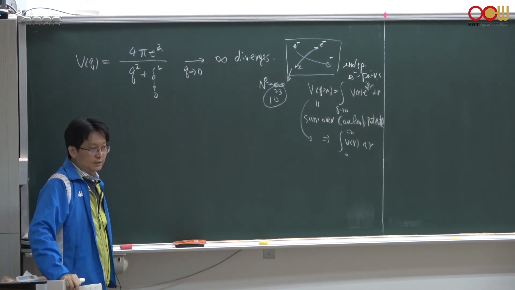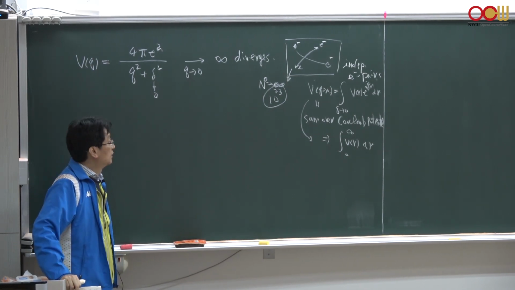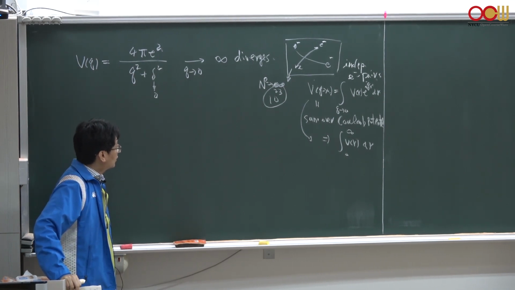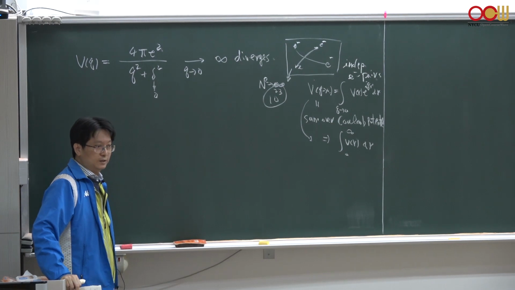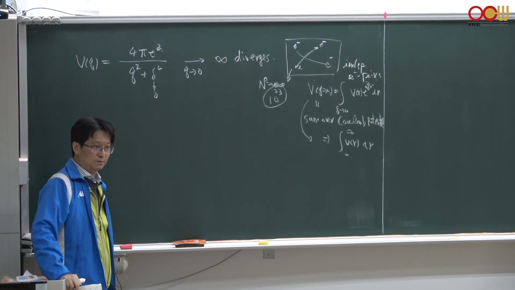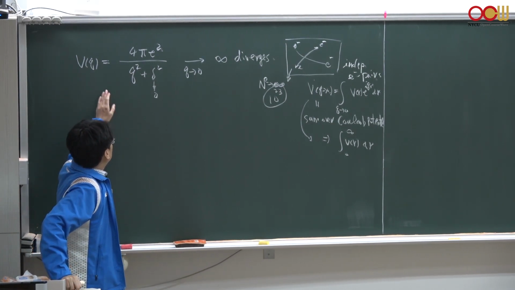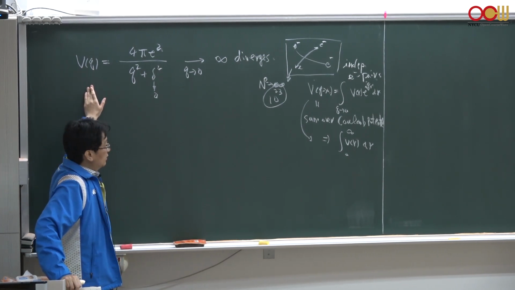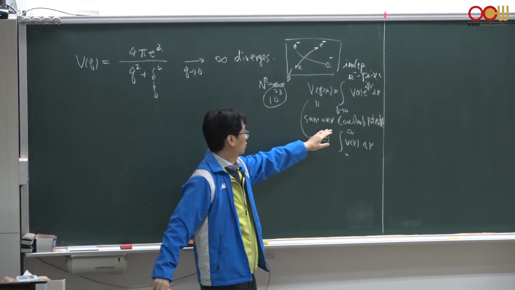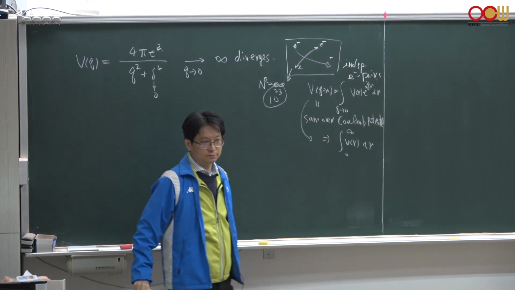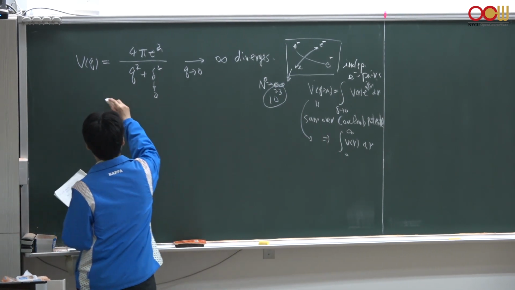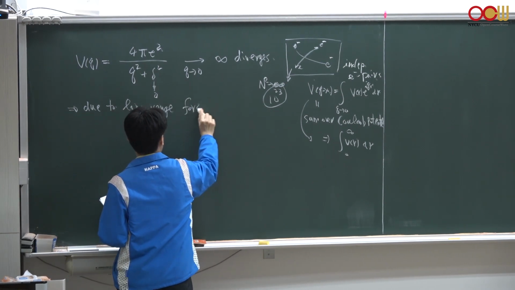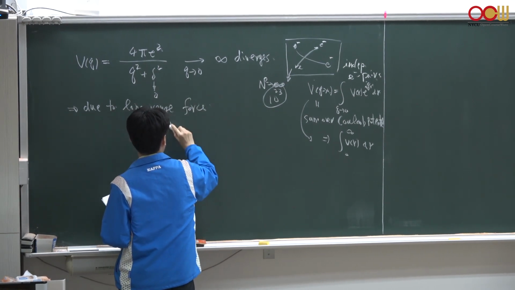If you get that many pairs of independent electrons influenced by the long-range Coulomb interactions, your Coulomb energy will explode. That's why you get a divergence of the Fourier transform V of q when q goes to 0. This is nothing but the sum over all the Coulomb potential in real space, and this is the long-range nature of the Coulomb force.